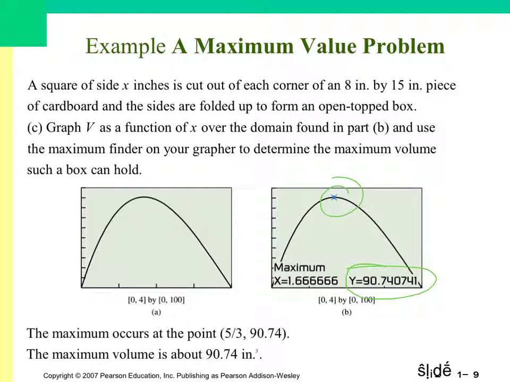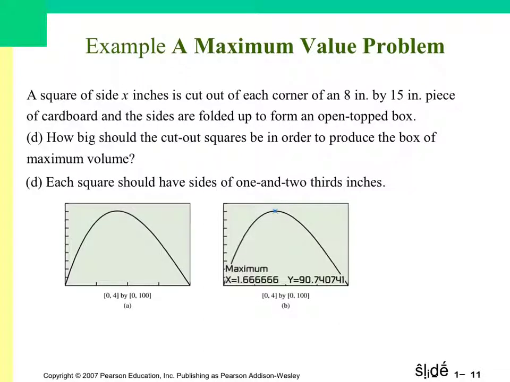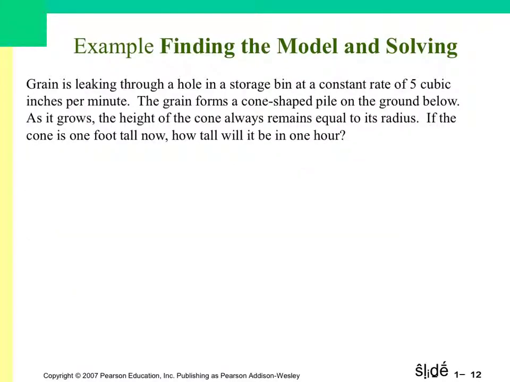Okay. So how big should the cutout squares be in order to produce the box of maximum value? Well, according to this, it's telling you right there. So 1 2/3 of an inch. Alright.